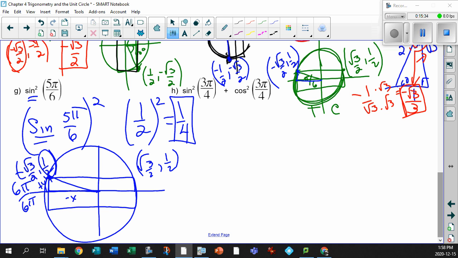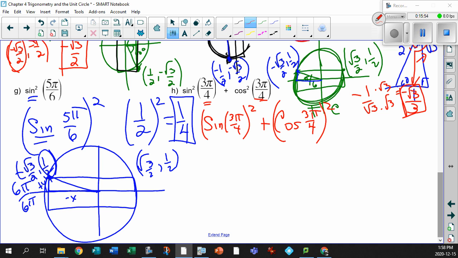Huh, okay, so how about for this guy? Can we do it for this guy? Same nonsense. Remember, this is the sine of 3 pi over 4 all squared plus the cosine of 3 pi over 4 all squared. Question is, where is 3 pi over 4? All right, let's draw it.